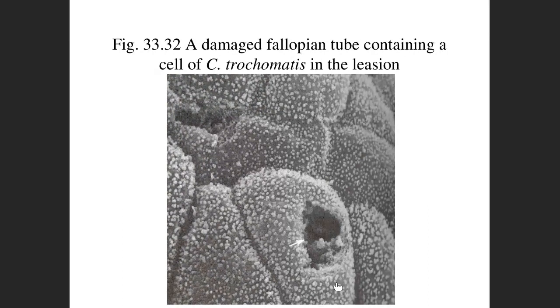So remember, if you have a cut in your hand, you can always see the scar, right? The hand will heal, but you will have a scar. Now imagine that scar is in the fallopian tube. If you have repeated infection of this bacteria, the tube will essentially get blocked, and then women become infertile.